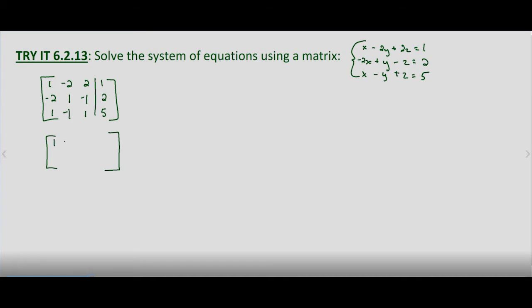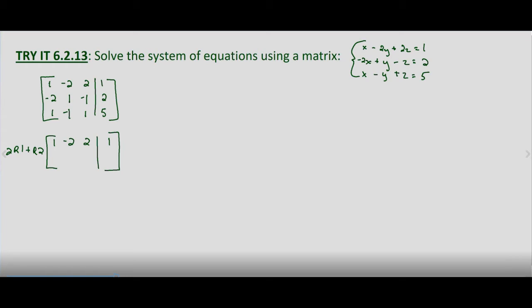So let's go ahead and write our first row out again. 1, -2, 2, 1. And then we want 2 times our first row, so 2 row 1, added to row 2.